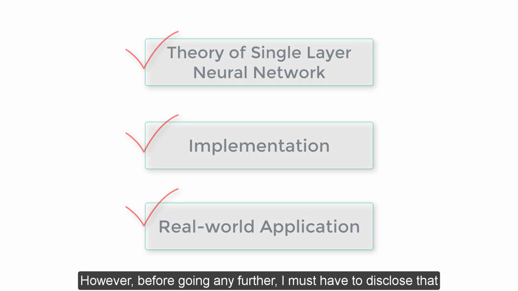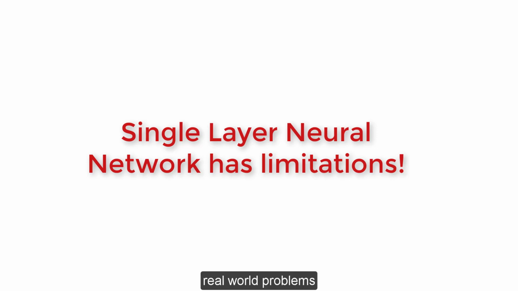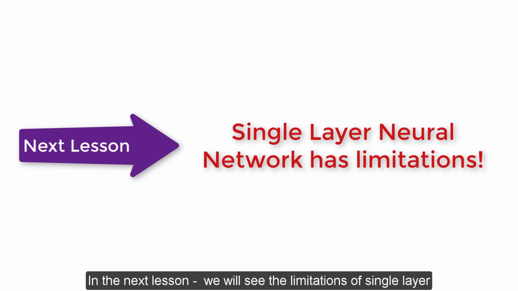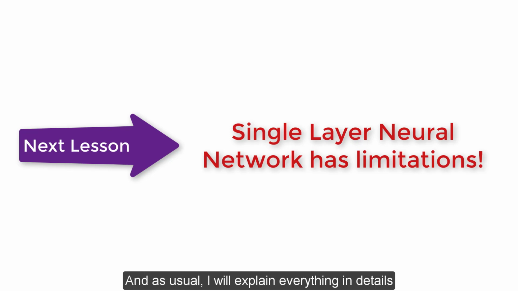However, before going any further, I must disclose that a single layer neural network is not a good choice to solve real-world problems. In the next lesson, we will see the limitations of the single layer neural network, and as usual, I will explain everything in detail. I hope you will join in the next lesson.